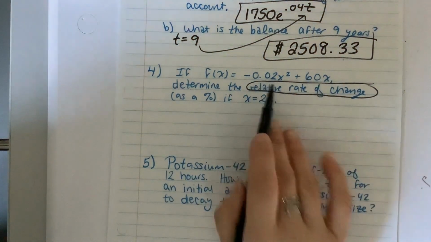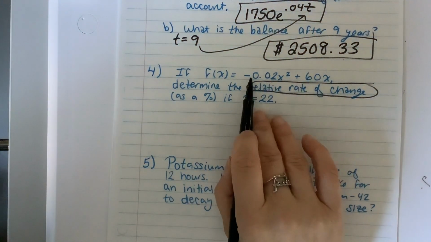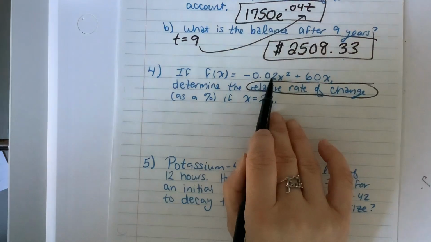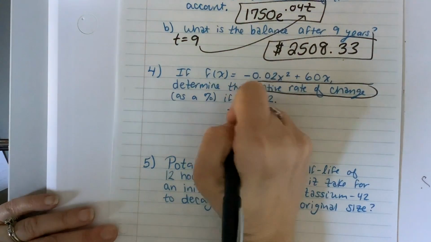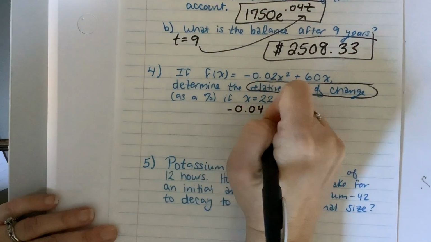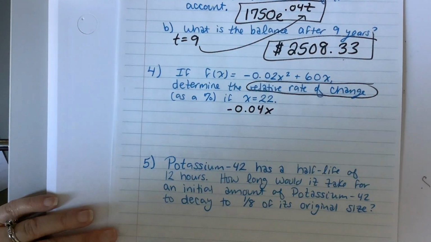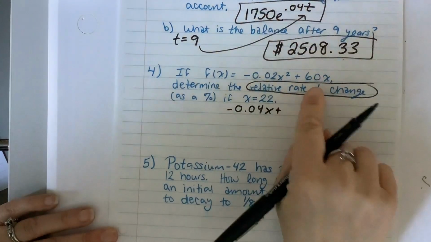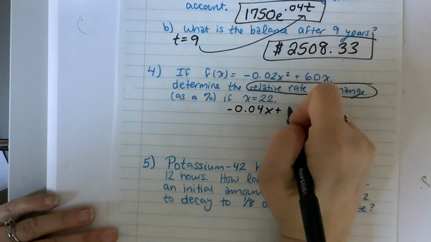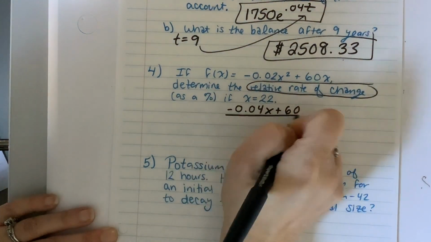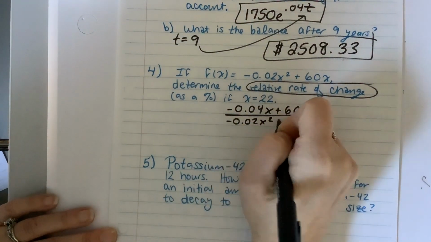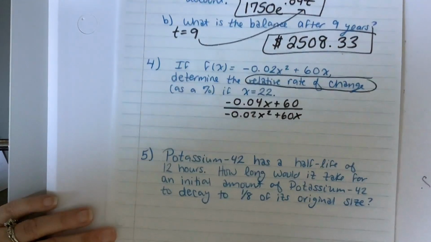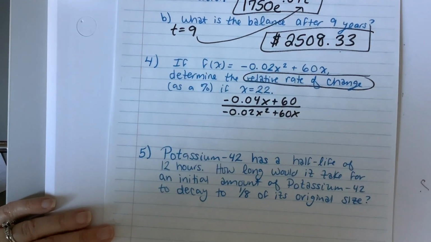The derivative here, for negative 0.02x squared, the 2 gets multiplied, and we have negative 0.04. Reduce the exponent of x by 1, so it's just x. Plus, the derivative of 60x is 60. That is the derivative. It goes over the original. That is the formula for relative rate of change.